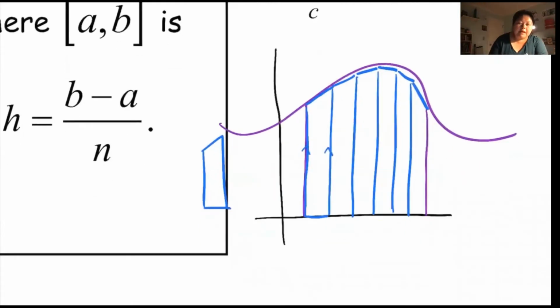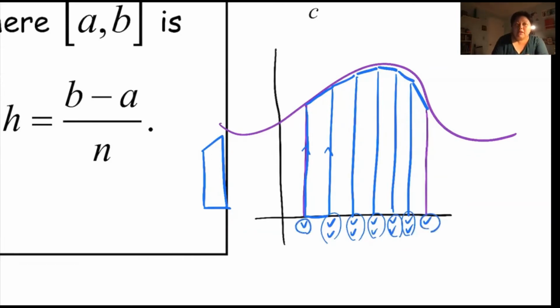Now, think about this. In the first trapezoid, here's my base 1 and base 2. In the second trapezoid, this is my base 1, base 2. Next trapezoid, base 1, base 2, and so on. So you notice how all of your in-between bases, all your in-between heights, y values got used twice, but the first one got used once, and the last one got used once.